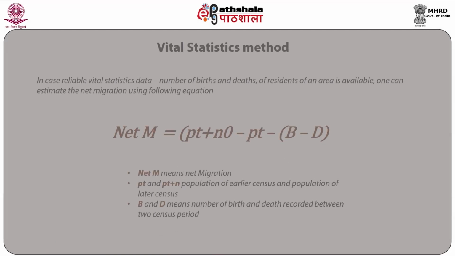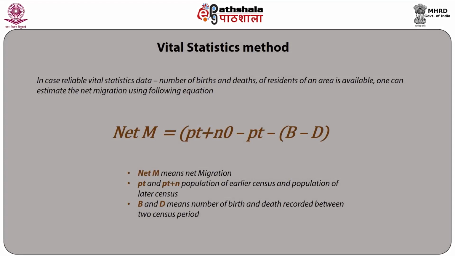We will discuss the first method, which is the Vital Statistics Method. In case reliable vital statistics data, the number of births and deaths of residents of an area, is available, one can estimate the net migration using the following equation.